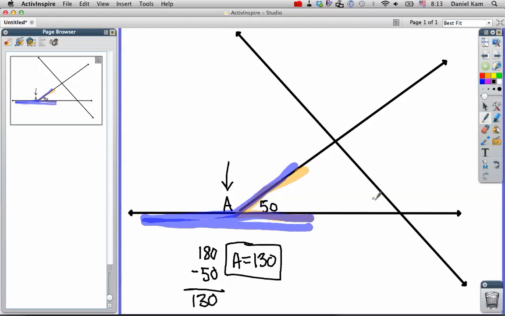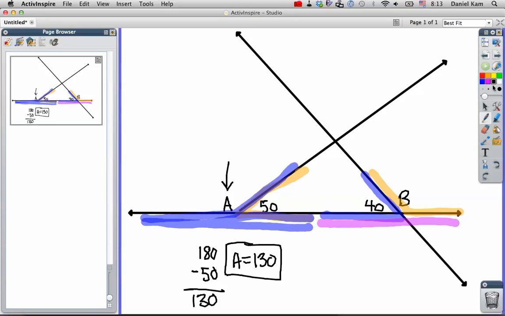Now, let's say this angle over here equals 40, and we're trying to figure out angle B. Same thing here. We still have the same exact thing. We have an angle here and we have an angle here, and once again together they make this straight line, which always equals 180.